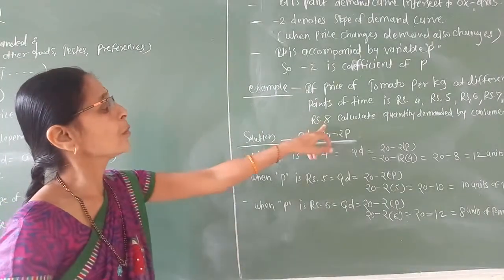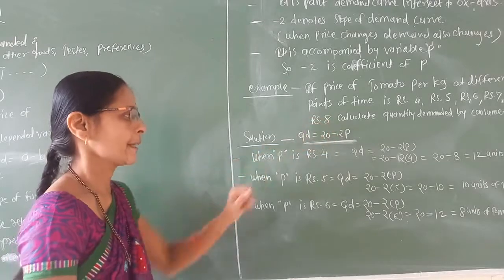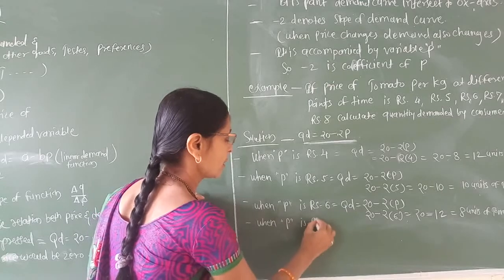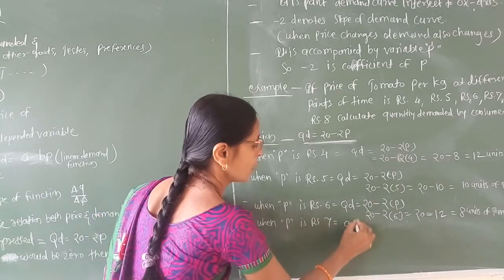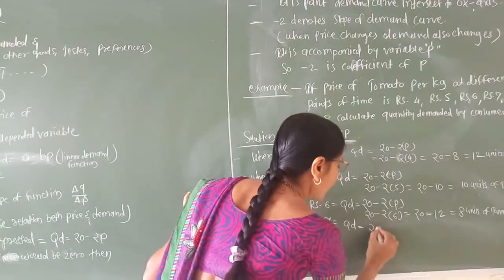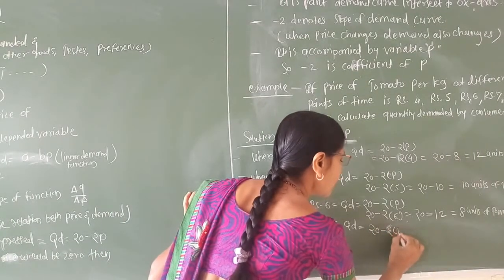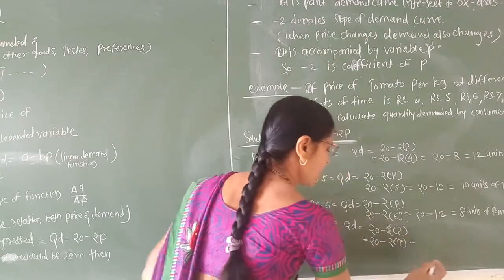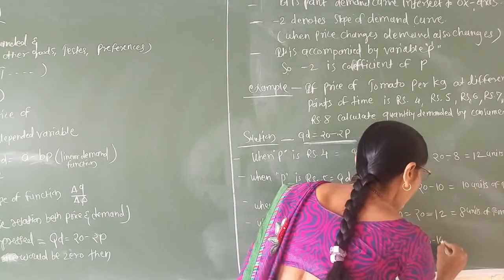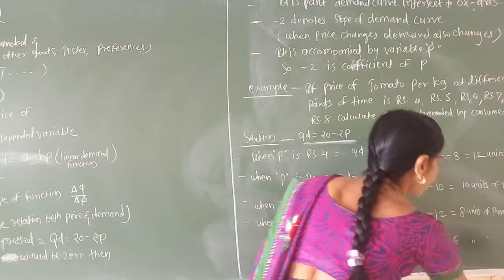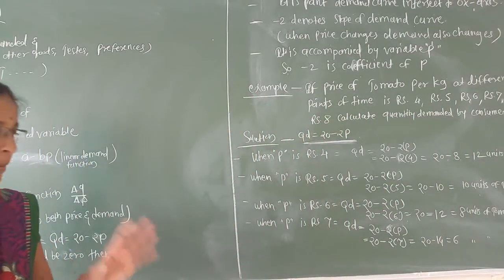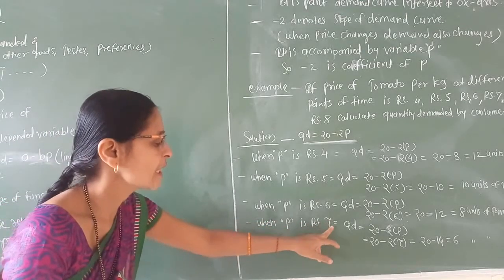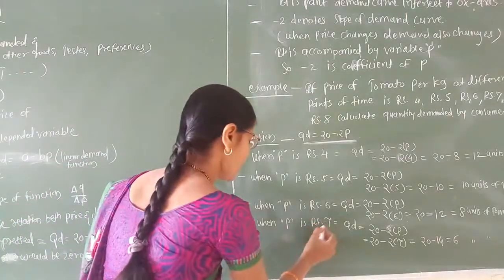When the price of the commodity is rupees 7, the quantity demanded is 20 minus 2 into 7, which is 20 minus 14, so only 6 units of tomato.